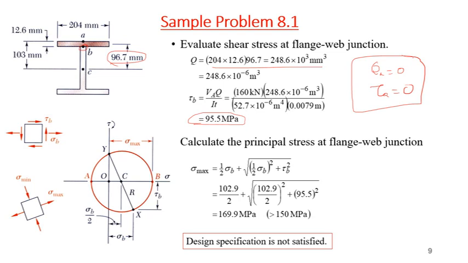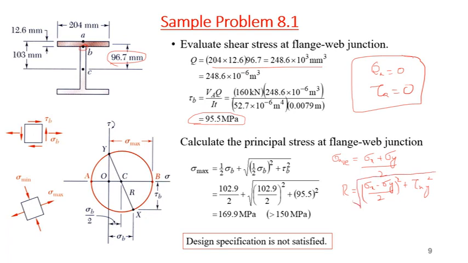So sigma max is sigma average plus the radius, and sigma average is equal to sigma x plus sigma y divided by 2, and the radius is equal to the square root of (sigma x minus sigma y divided by 2) squared plus tau xy squared, right?